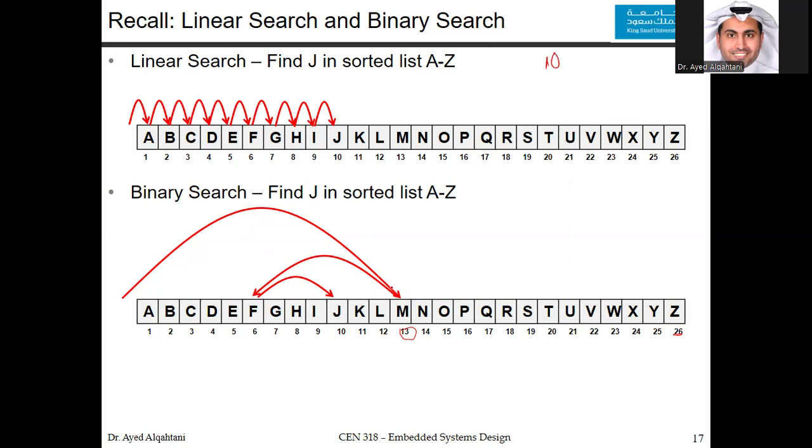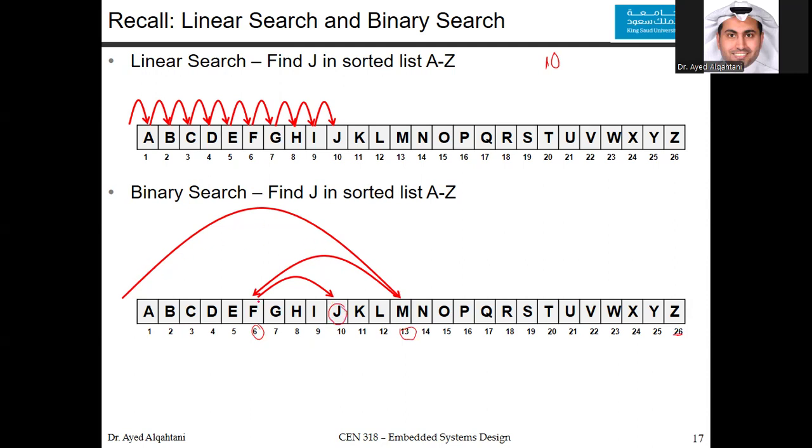So you jump back, but now you jump half the length of the list from 1 to 13. And we decided that the half is 6. And now you compare the F to the J. You know it comes after the F. Now you jump again half and you pinpoint the J. So for J, we had to do 3 comparisons.